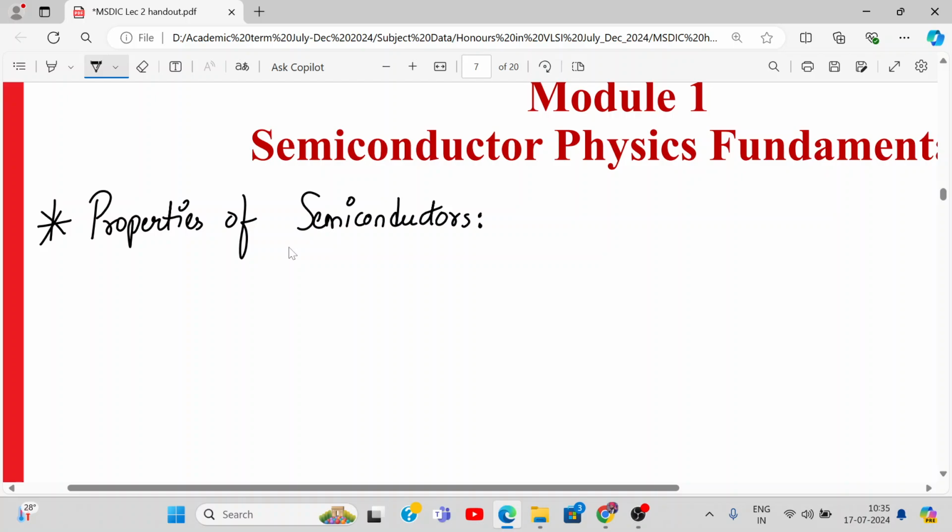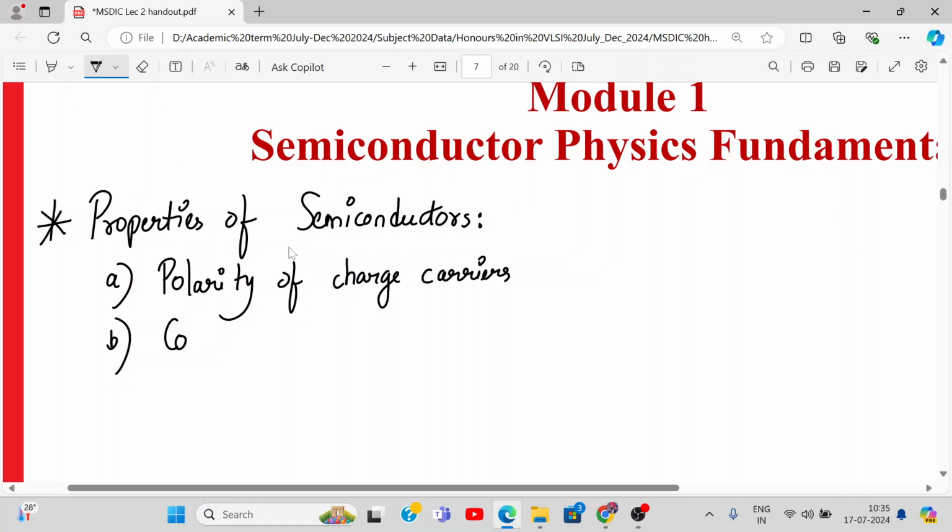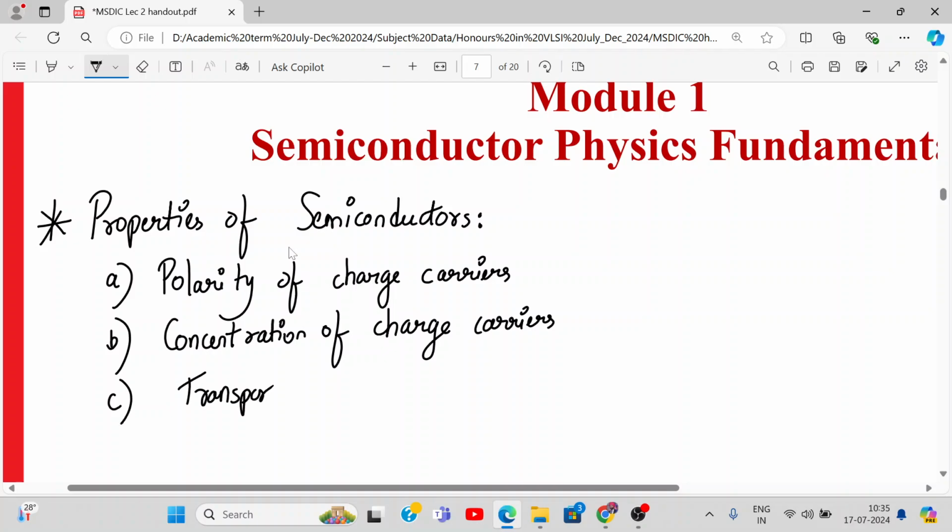Under properties we'll discuss four important properties today, which are polarity of charge carriers, then concentration of charge carriers, then transport of charge carriers, how the charge carriers travel in a semiconductor medium.